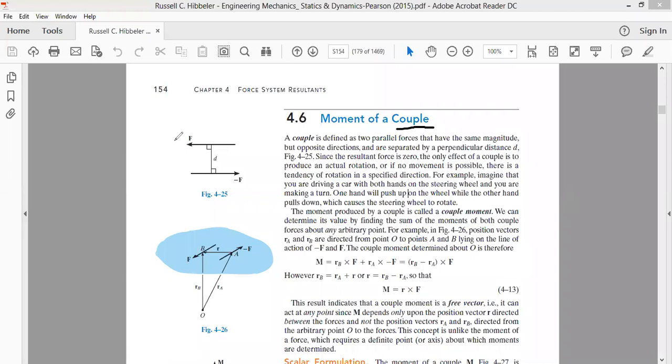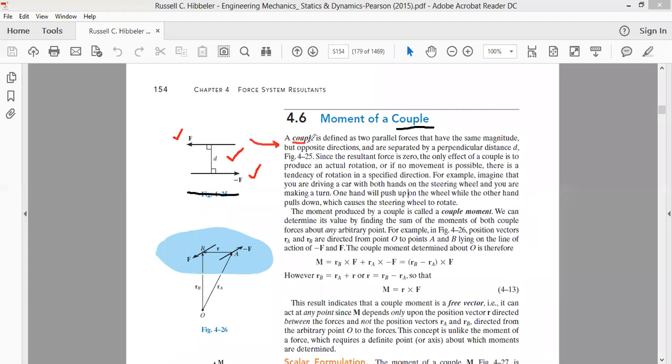That is, on a system we have one force acting in one direction and another force acting in the opposite direction, but the magnitude of the two forces is the same. Whatever force is acting in this direction and an equal amount of force is acting in the opposite direction, we call this a couple.